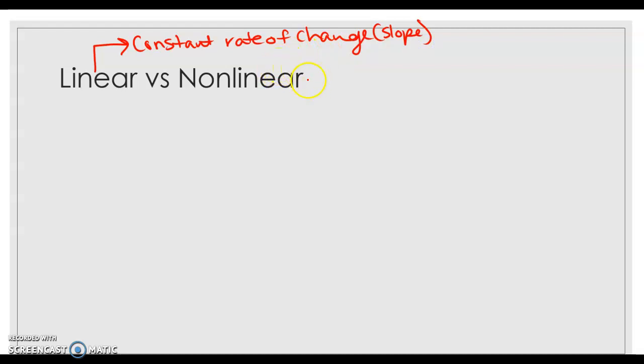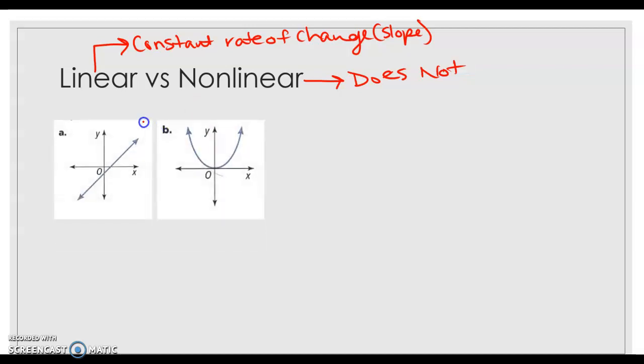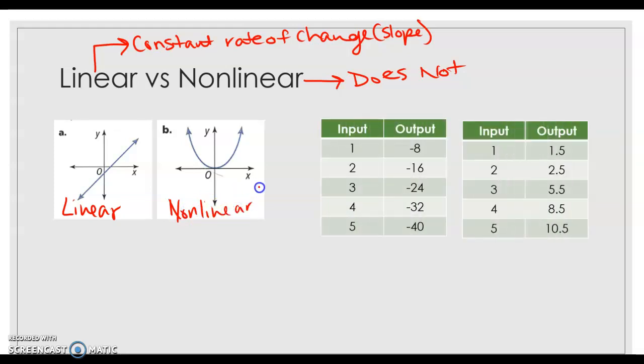And then, by association, nonlinear does not. So, what if I have a graph? Well, if I have a graph, then a linear is a line. B is a parabola or a U shape, so this is nonlinear. What about if I have tables? What am I looking for?